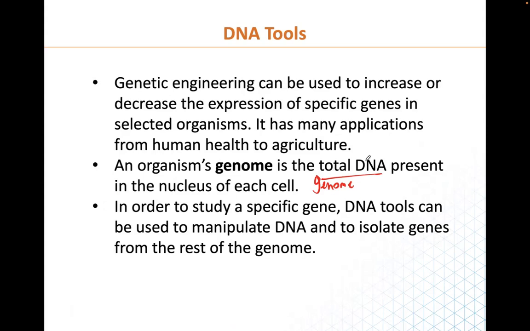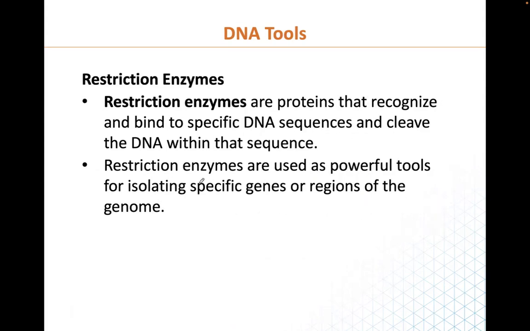In order to study a specific gene, DNA tools, which we're going to talk about later on, can be used to manipulate DNA. Manipulation means to change, to fix something which is not in the right place. They can also be used to isolate genes from the rest of the genome.